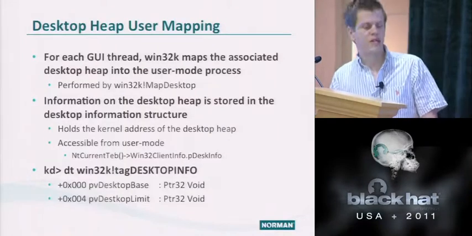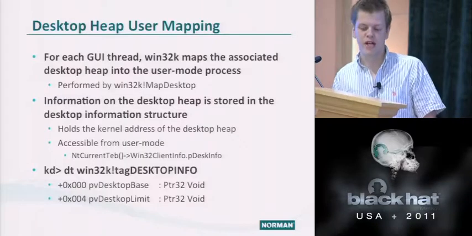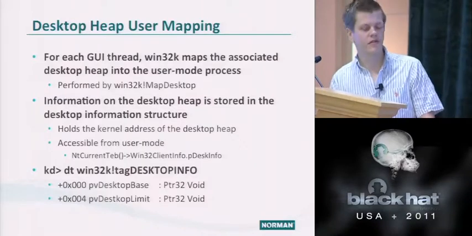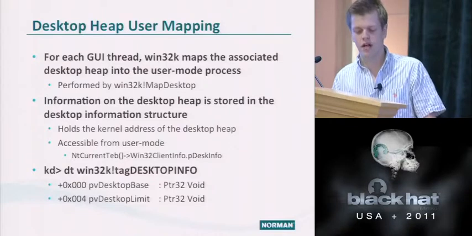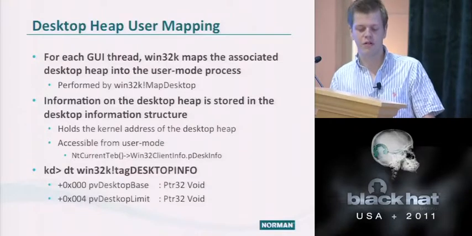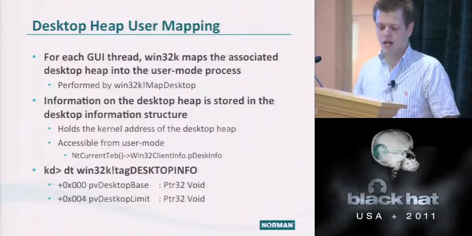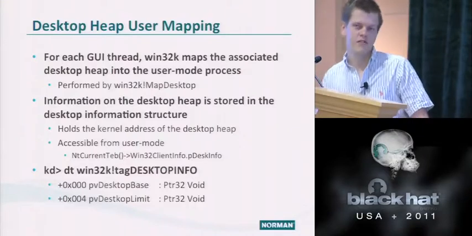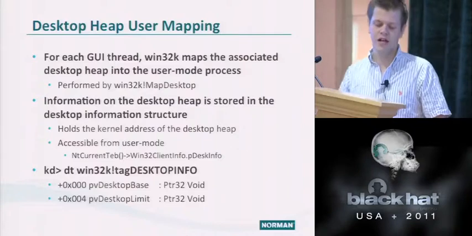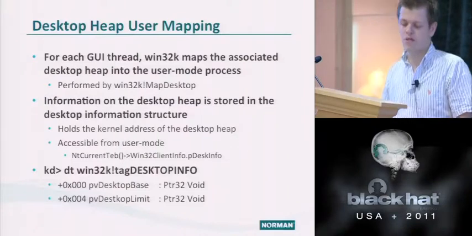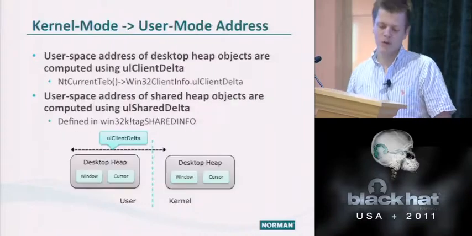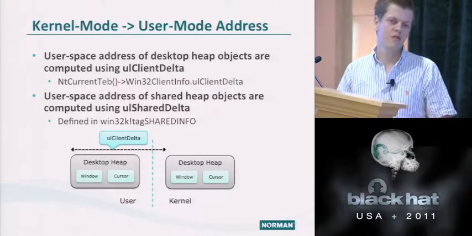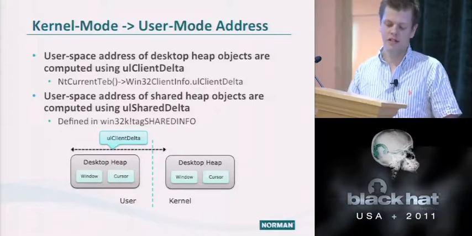So the desktop heap user mapping is set up for each thread. Win32k maps the associated desktop heap into the user mode process whenever you create a new desktop. The information about the desktop heap is stored in its own structure, so you get the kernel address of the desktop heap from user mode as well. And the reason they do this is to compute the address of the user mode location of these objects.